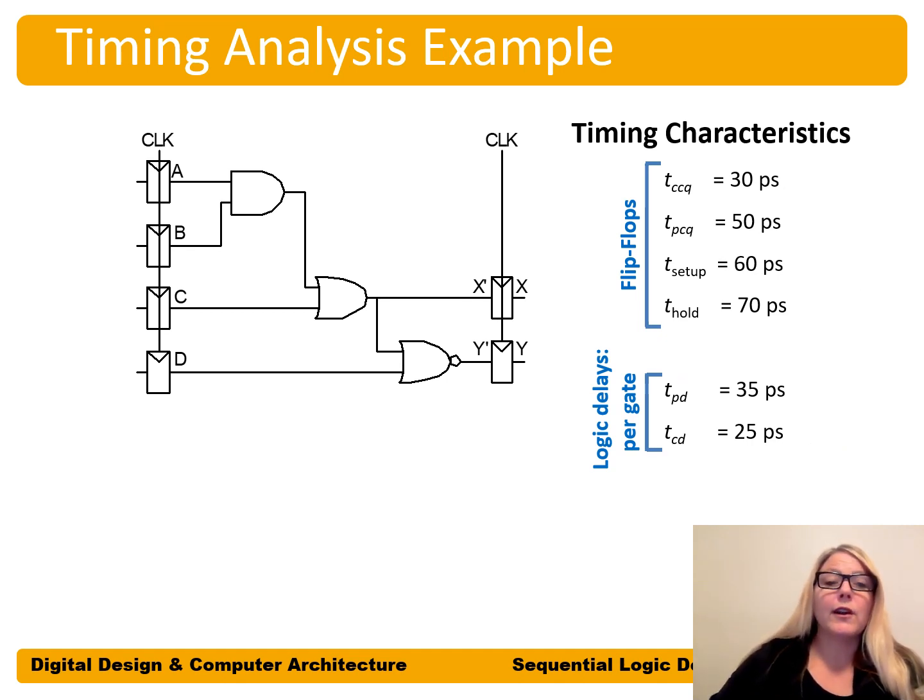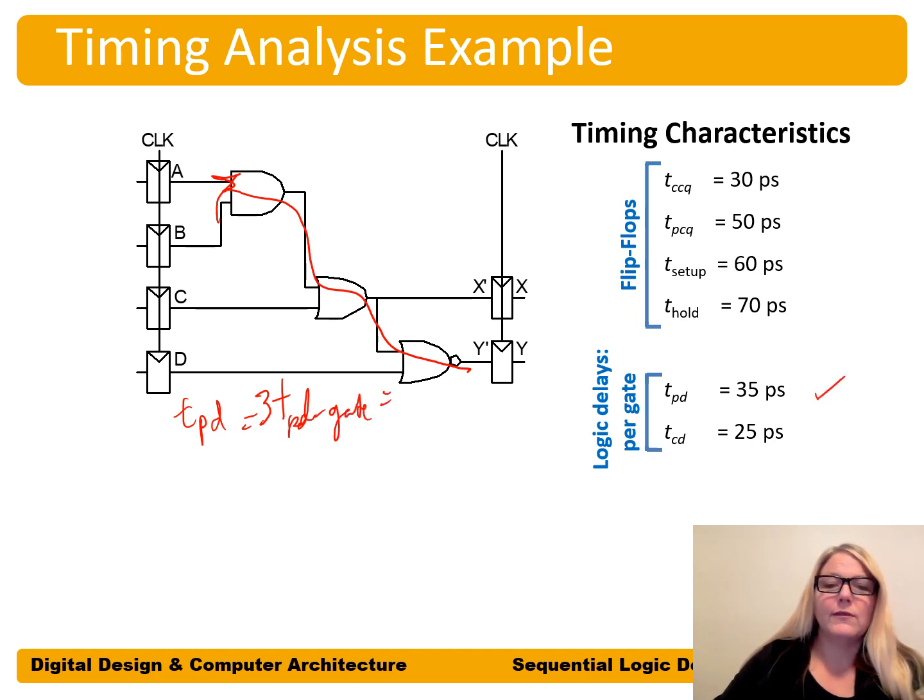So first of all, let's figure out the propagation delay and contamination delay of the circuit. Well, TPD, the longest path is going to be through either A or B through 3 gates. So TPD equals 3 times TPD gate. Well, what was that equal to?